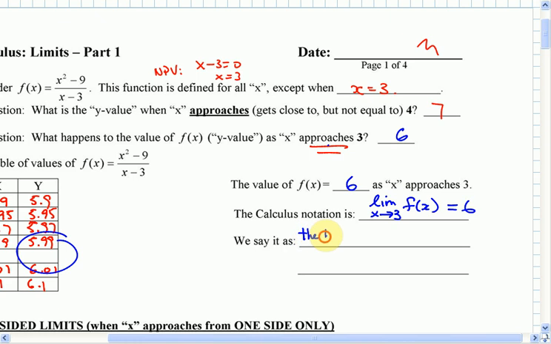The limit as x approaches 3 of the function f of x is 6. So in essence, what I'm saying is the y value seems to get closer and closer to 6 when x gets closer and closer to 3.